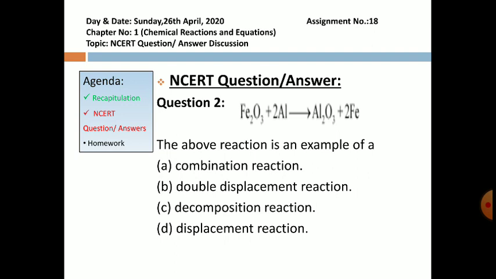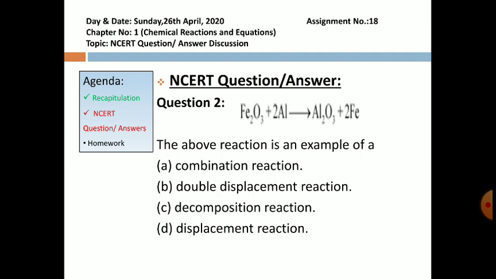The above reaction is an example of: A, combination reaction; B, double displacement reaction; C, decomposition reaction; or D, displacement reaction. Here you see aluminium, being more reactive than iron, is displacing iron from its compound. So D is correct. It is a displacement reaction.